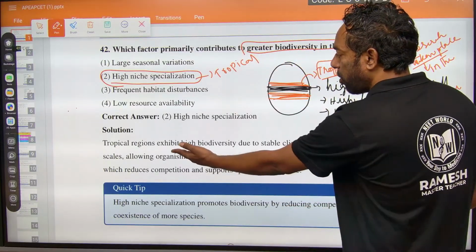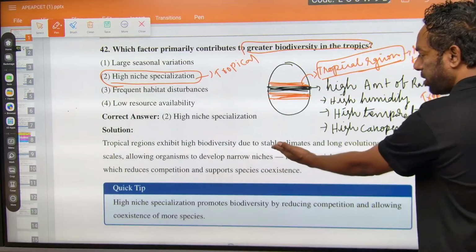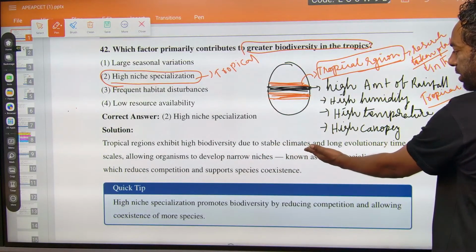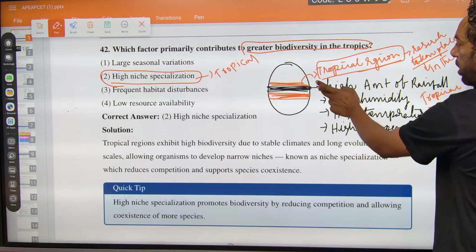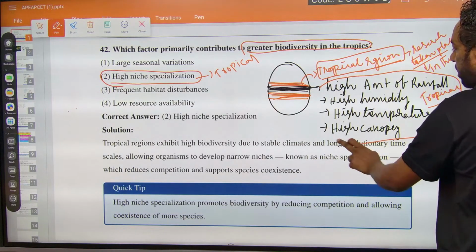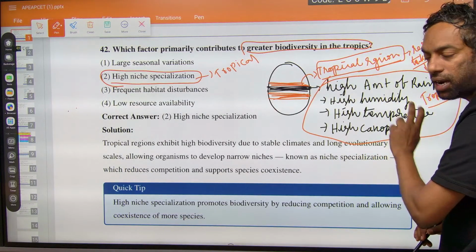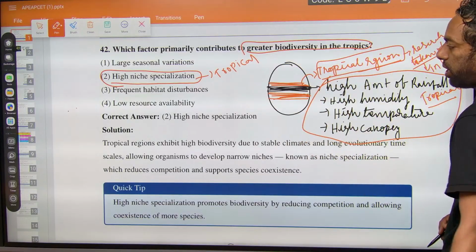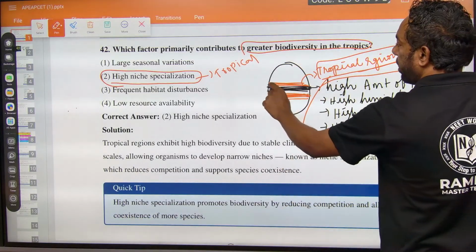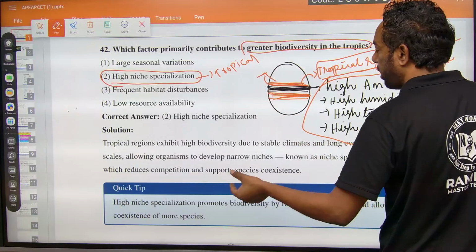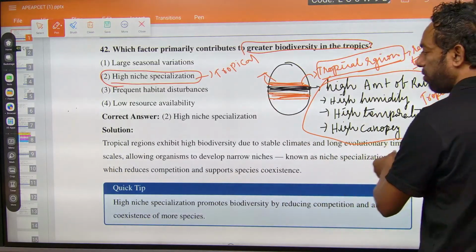Tropical regions exhibit high biodiversity due to the stable climate. The equatorial region has an extreme climate, but the tropical region has a stable, moderate climate that provides evolutionary time.